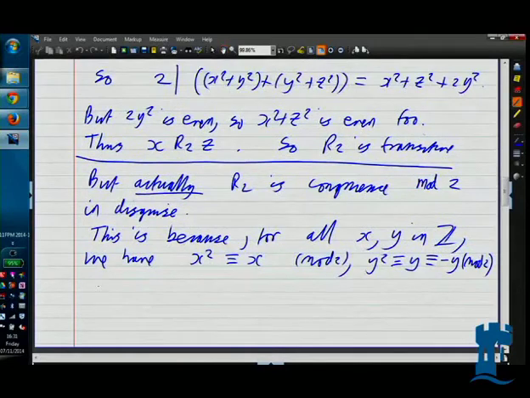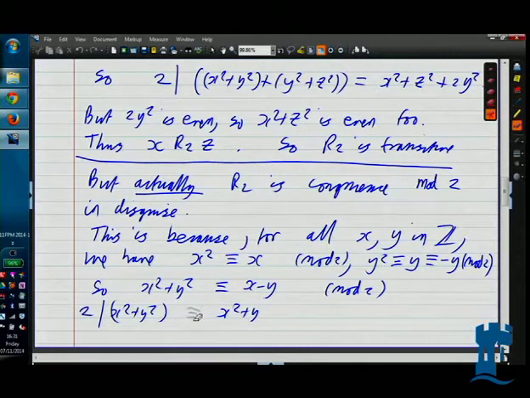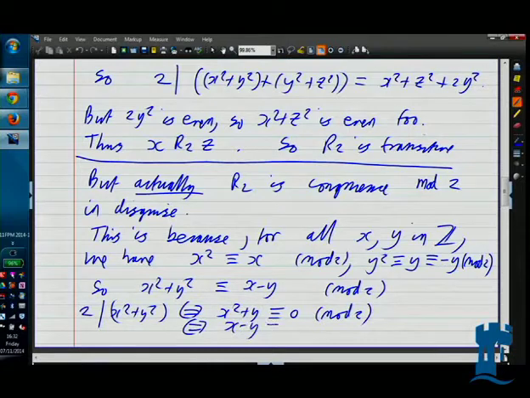So x squared plus y squared is actually congruent to x minus y mod 2. And so you get 2 divides x squared plus y squared if and only if x squared plus y squared is congruent to 0 mod 2. That's another way of saying divisible by 2, which is if and only if x minus y is congruent to 0 mod 2, which is another way of saying that x is congruent to y mod 2.